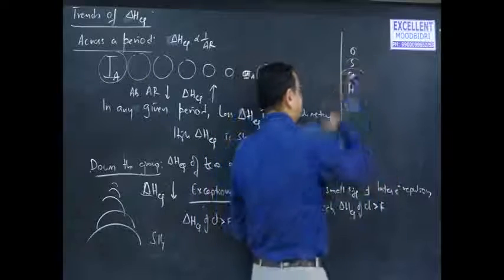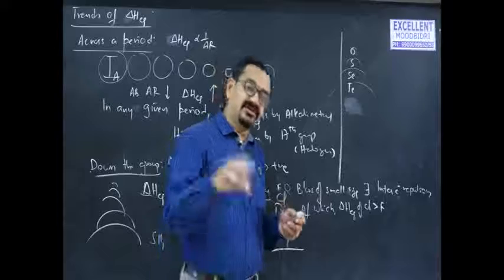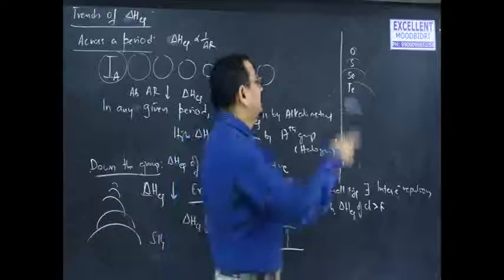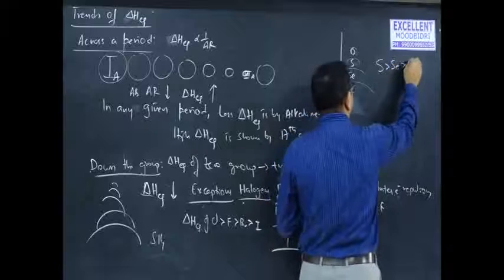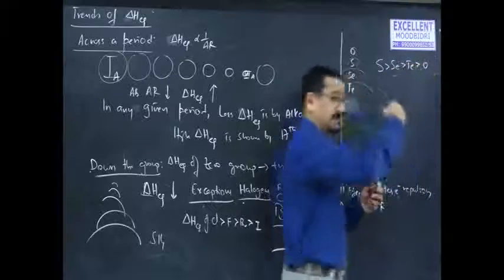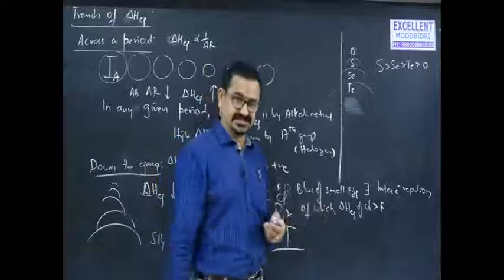But because of the same small size, there exist interelectronic repulsions in oxygen also, of which high electron gain enthalpy is shown by sulfur. Sulfur is greater than selenium, greater than tellurium, greater than oxygen. In case of oxygen, such a small amount of energy is released.